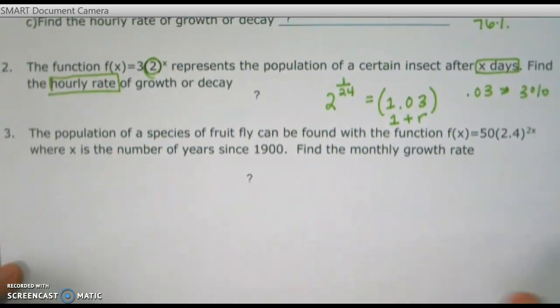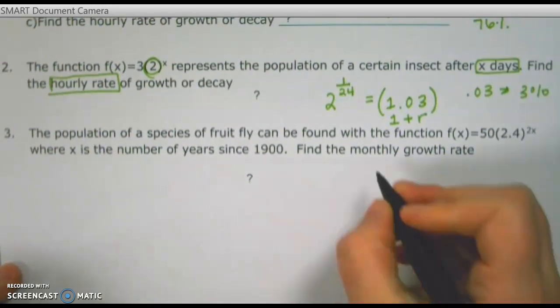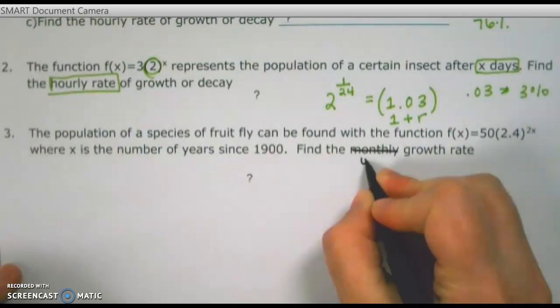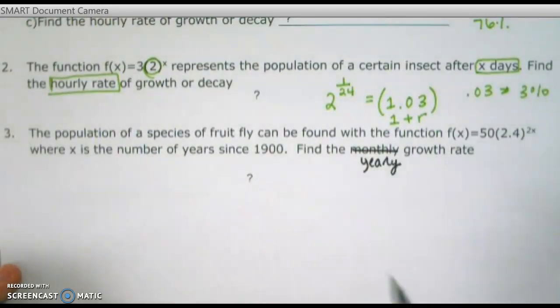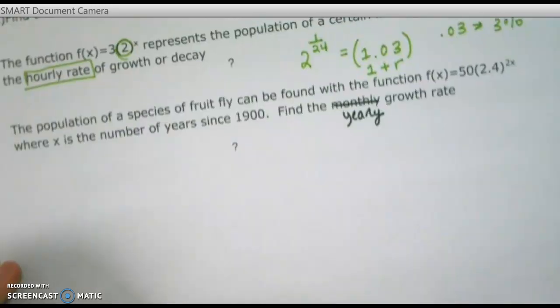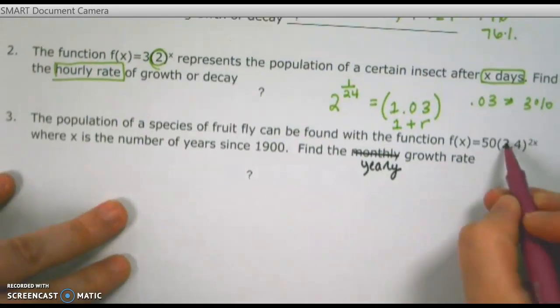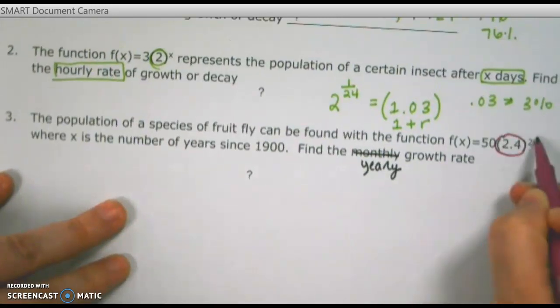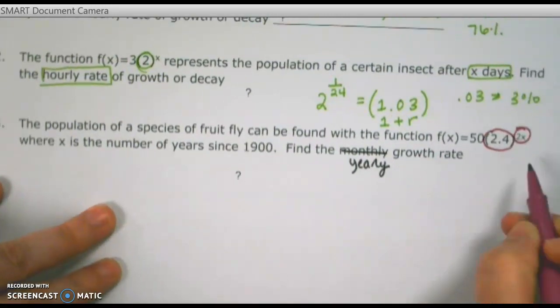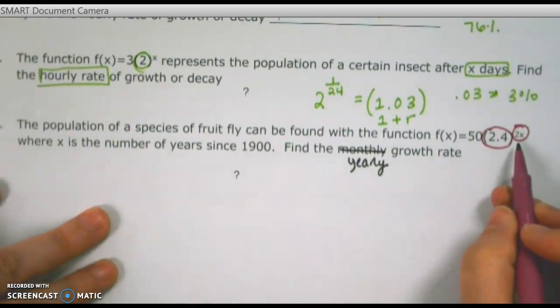All right, now number 3 does have a typo. This one was still supposed to say yearly. But the difference between question number 2 and question number 3 is if you look at the base of this and you look at the exponent, it is not just x.